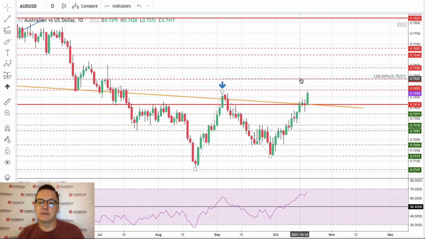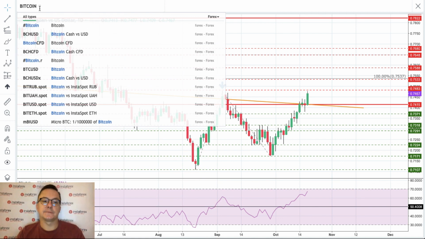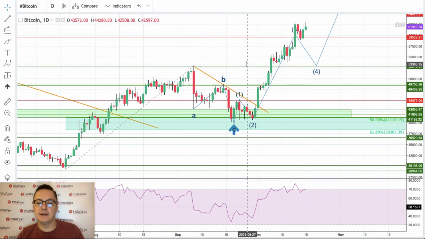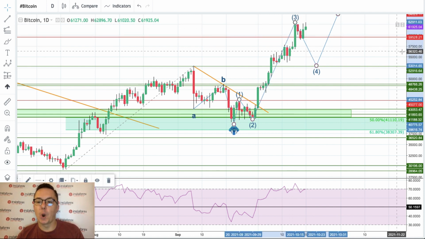So please keep an eye on this level if the technical resistance at 0.7483 is violated.